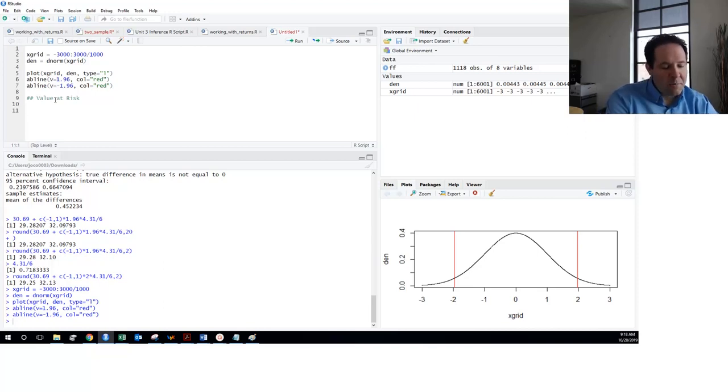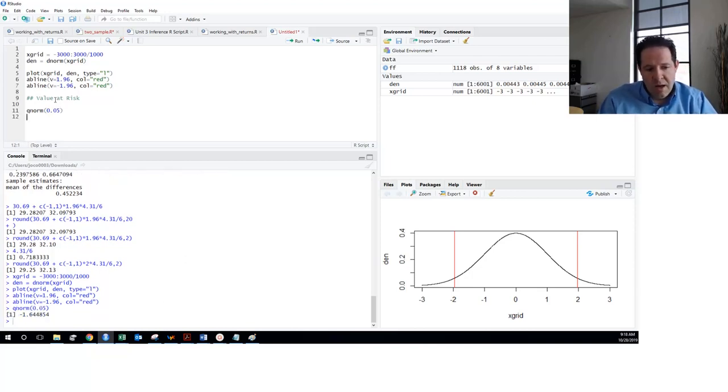So in particular, suppose you have a normal distribution with a mean of 0 and a standard deviation of 1. Those are the defaults within R. You want to know the fifth percentile of that normal distribution. That is minus 1.65, or 1.645.